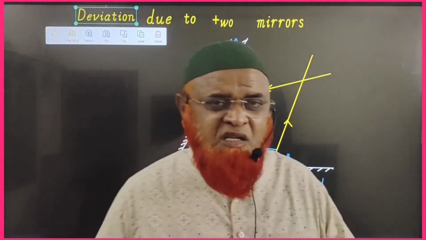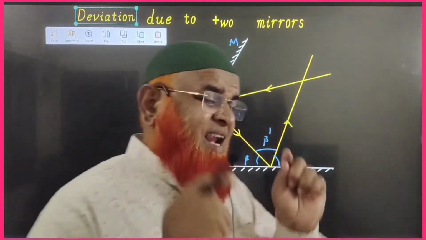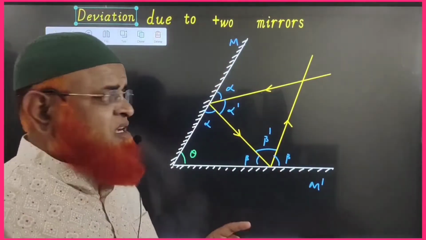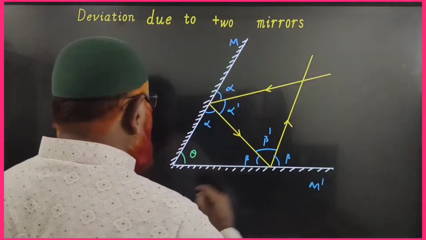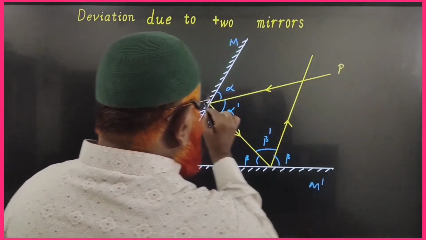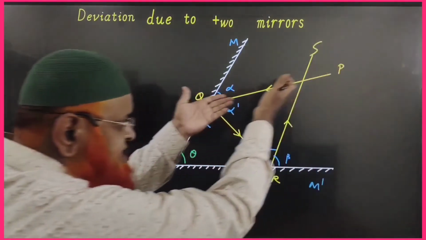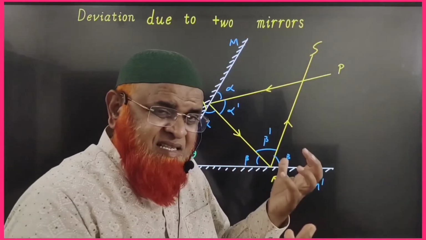My dear students, we shall discuss deviation because of two mirrors. There are two mirrors, this is mirror M and M dash. One light ray enters in this direction. These points are P, Q, R and S. It enters like PQ, QR and RS, it exits.